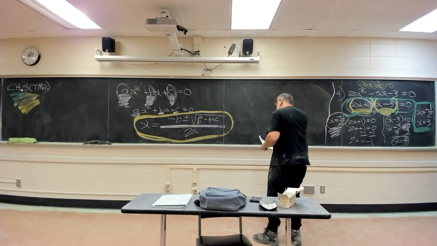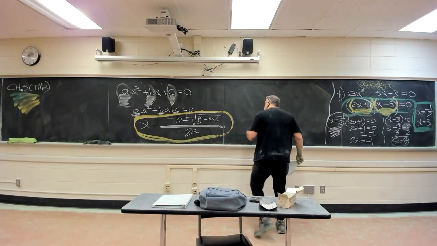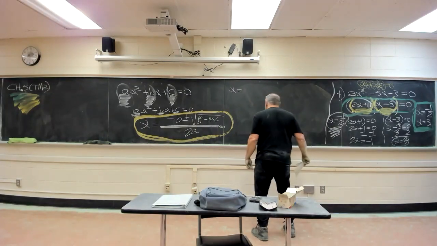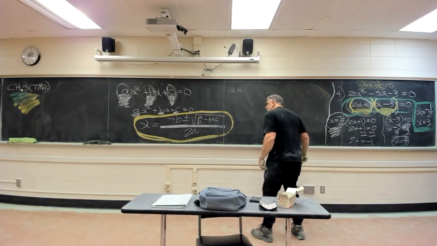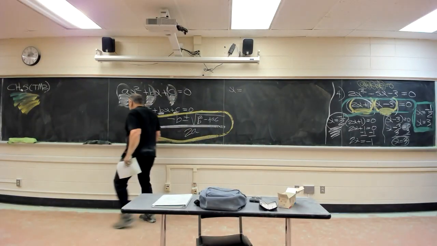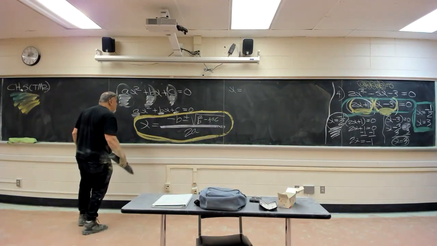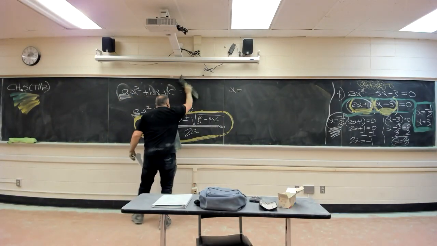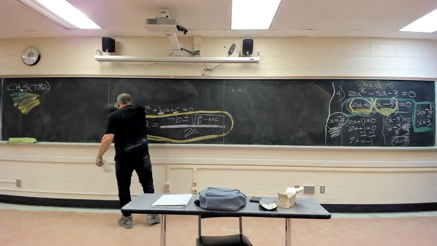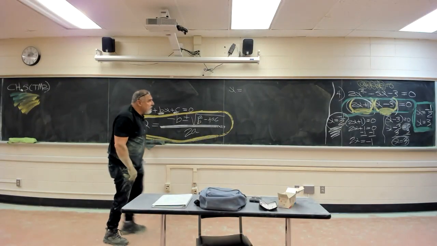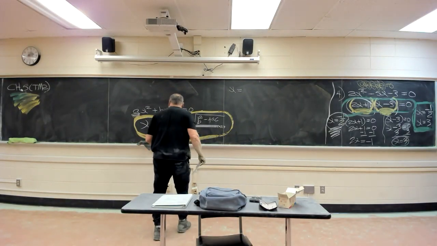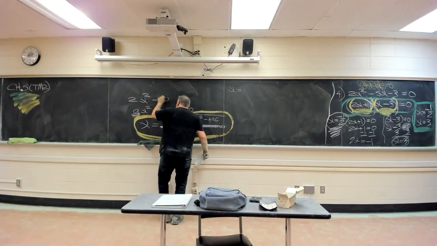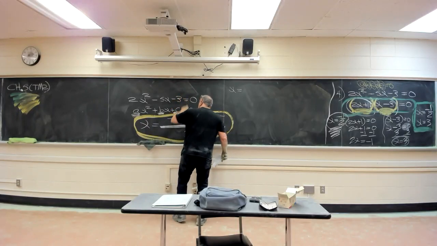All right, let's see what we got. Let's line everybody up the way they're supposed to be lined up. Let me take 2x squared minus 5x minus 3 equals 0.